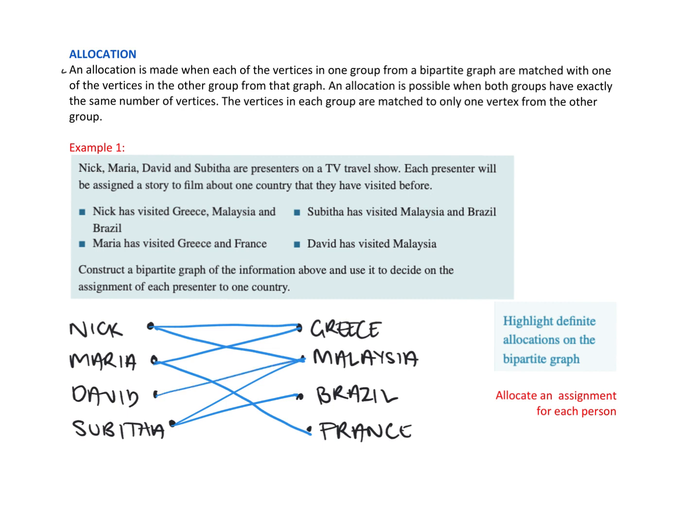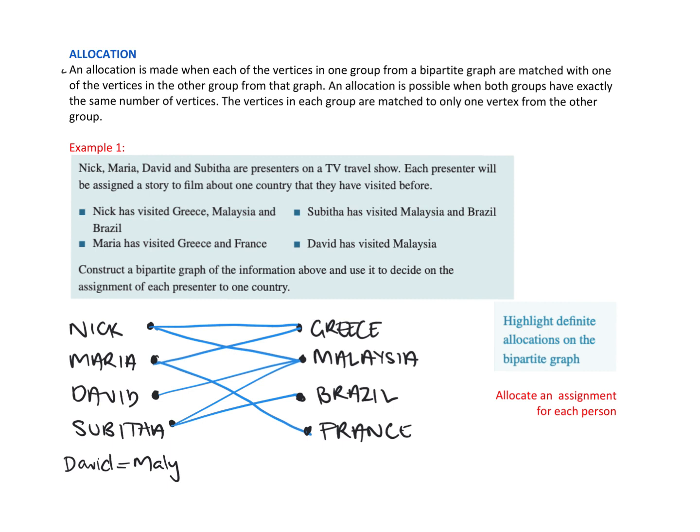When you're allocating, you want to see if there's one line going into somewhere, because that's the only option available. For example, David could only go to Malaysia, so we're going to say David will present on Malaysia. I've abbreviated it.